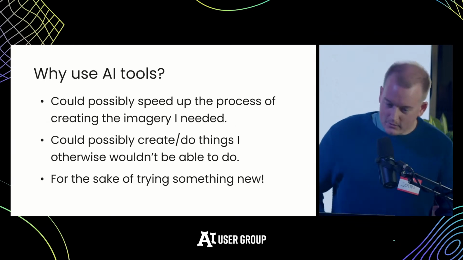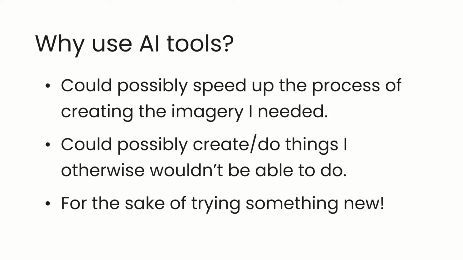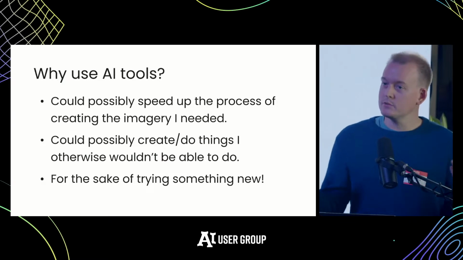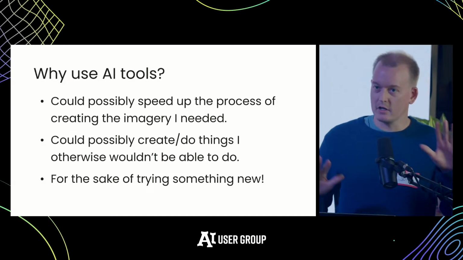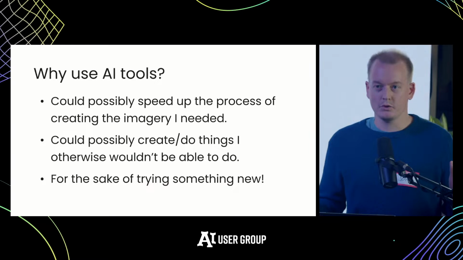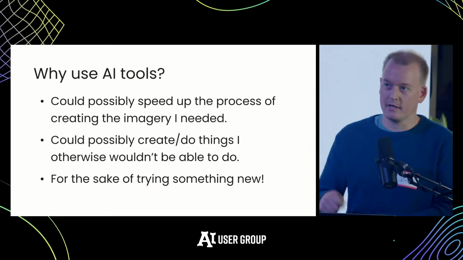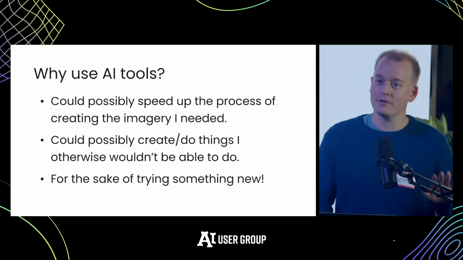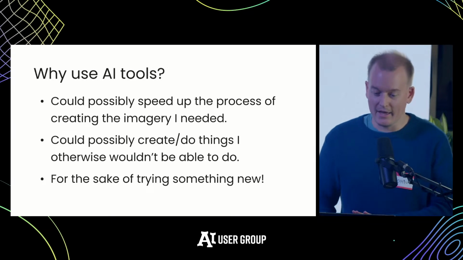And why did we use AI tools? It's the basic reasons. It was going to possibly speed up the process of creating the imagery I needed, because, you'll see it in a second, but when it comes to stop motion animation, it's sort of a collage style. So sometimes people will cut out a clipping, like a picture from a magazine, and then they'll put a sticker, and then they'll put all these different mixed medias together.